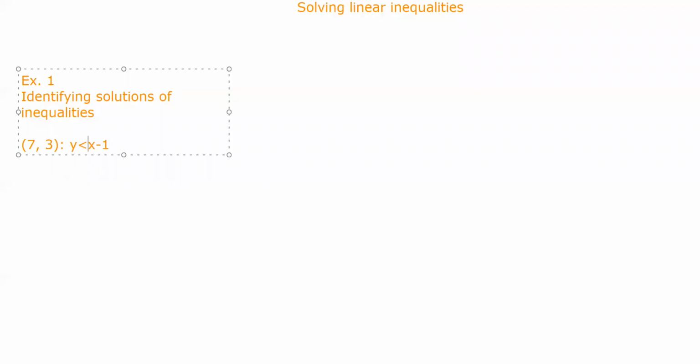The only difference in this part is that y is not completely equal to this value. They are giving you the information that y has a value that is less than x minus 1.